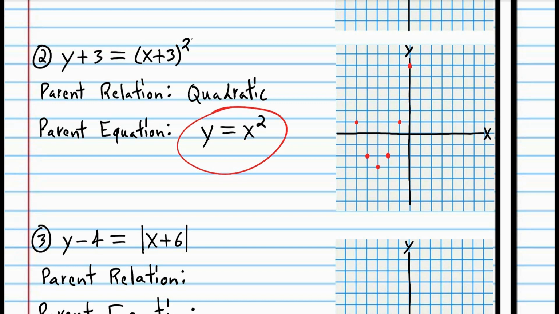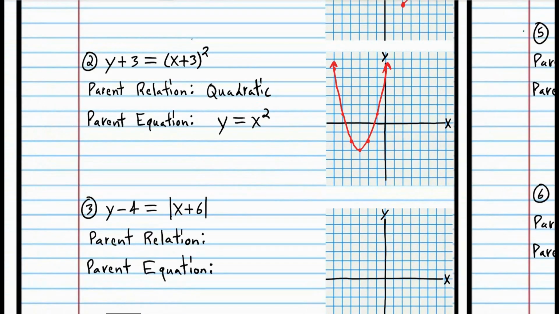So notice how I'm using this parent equation to graph the shape. Now we just connect the dots. And there you go. All right, so that's how you're going to graph the equation.